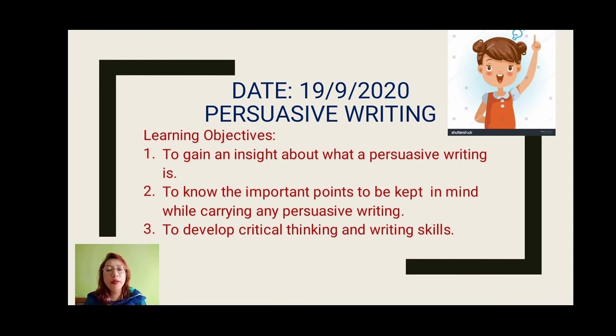Number three is to develop critical thinking and writing skills. Since it is persuasive writing, it's natural that when you write in such a manner, you tend to develop your thinking and also your writing skills.